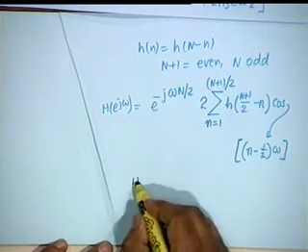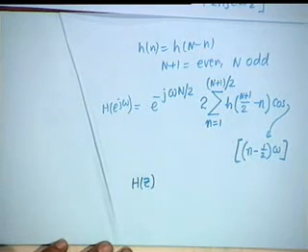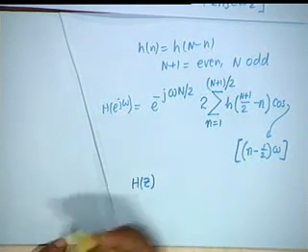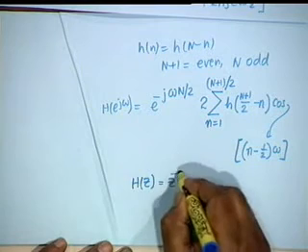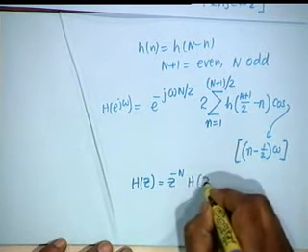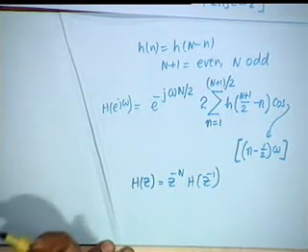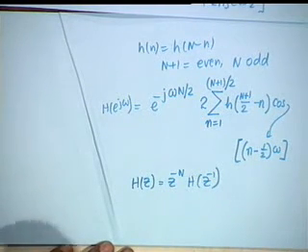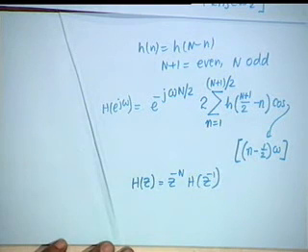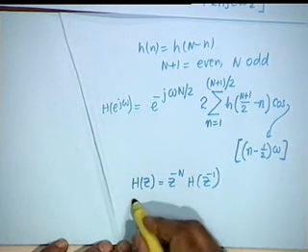Now it is also clear that the same relationship holds here also, that is z to the minus N h of z inverse. Isn't that right? Same relationship holds as in the previous case, type 1. But there is a difference now.